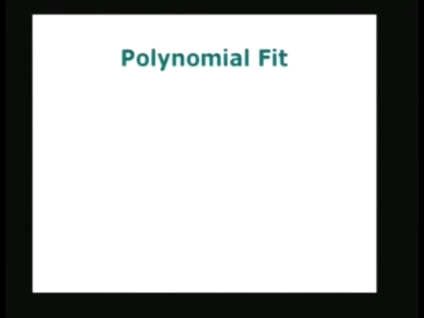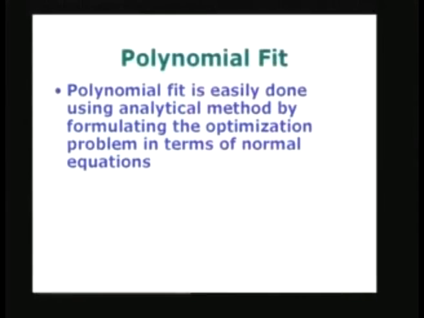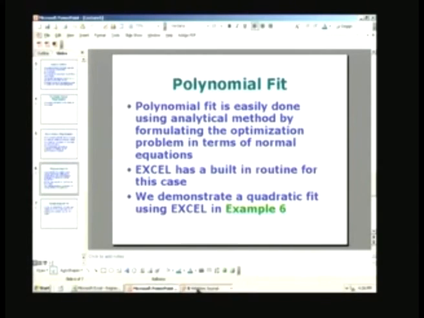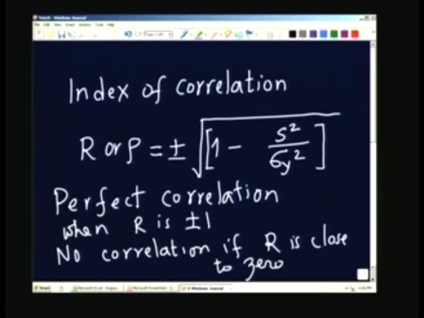So, I will talk about the polynomial fit, and the polynomial fit is also a nonlinear fit. Let me just indicate briefly a type of fit which is a polynomial fit.